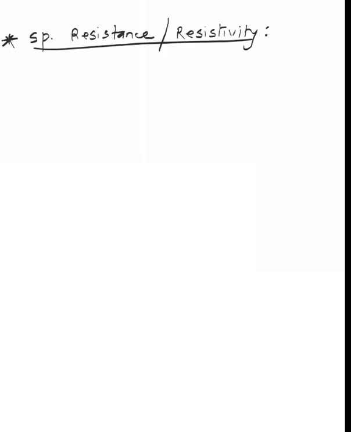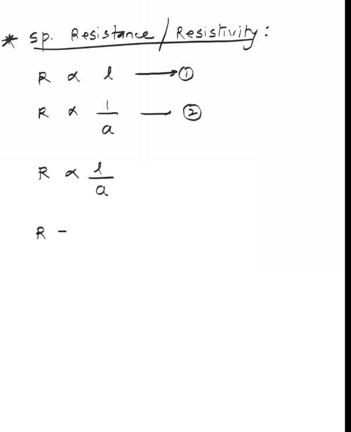So, guys, we have learned that resistance is directly proportional to length. It is inversely proportional to area. If I combine these two, what will I get? Resistance is proportional to L by A. And if I want to remove this proportional sign, then I have to insert a constant.